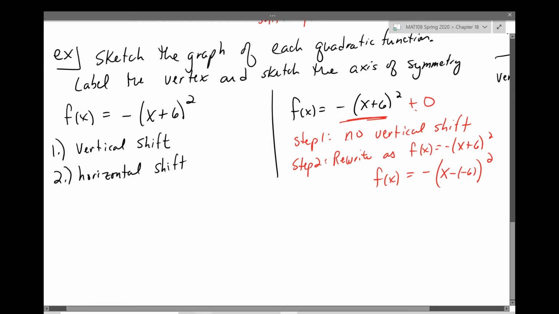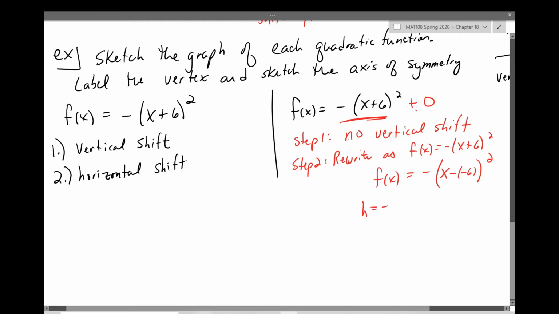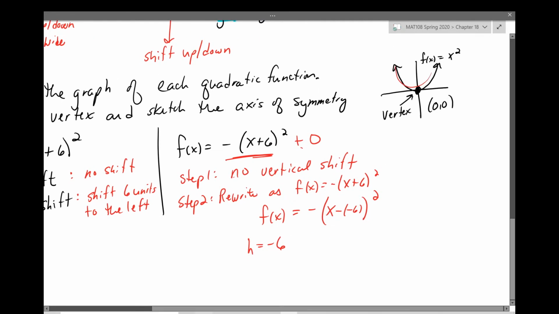According to the properties that we have, h is negative 6. So let me write this here. No shift. Sorry, I forgot that. And then here, since it's negative, we're going to shift 6 units to the left. So up here, I'm going to shift this 1, 2, 3, 4, 5, 6 units to the left. So now it looks like that over there.